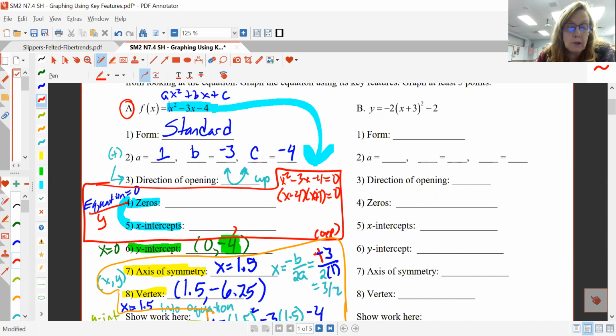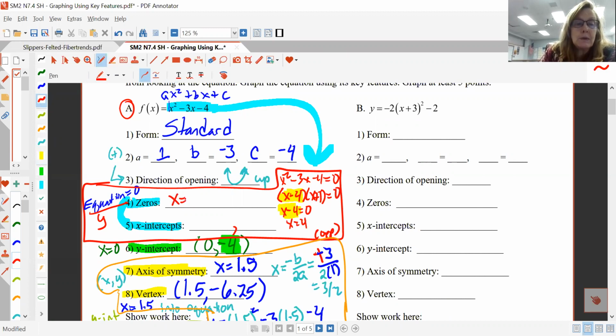Now for your zeros. So now for my zeros, basically what you do is take each factor. So there's my first factor, x minus 4, and I say let's solve that by itself. So there's my first factor equal to 0. I add 4 on both sides, I get x equals 4.